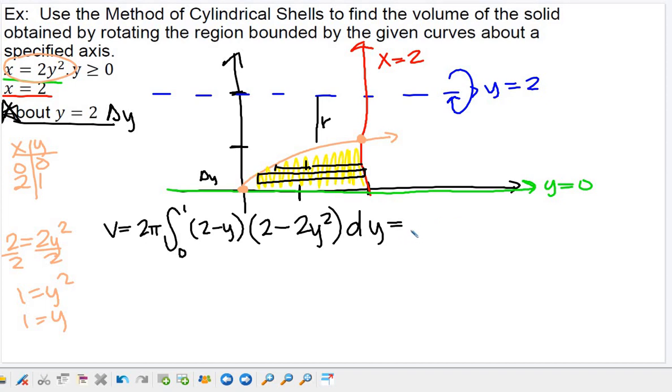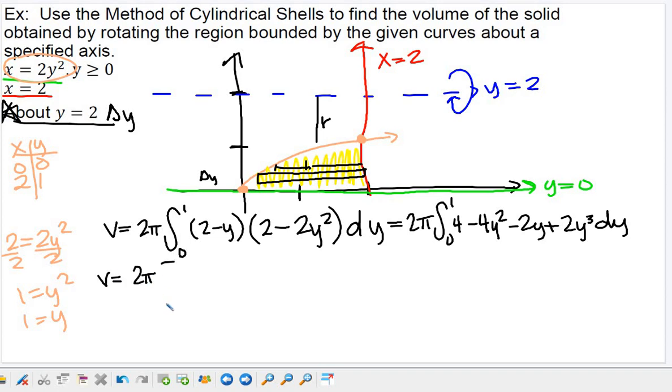So we have 2 pi, integral from 0 to 1, and then distributive property, 4 minus 4y squared minus 2y plus 2y cubed dy. So volume equals 2 pi.